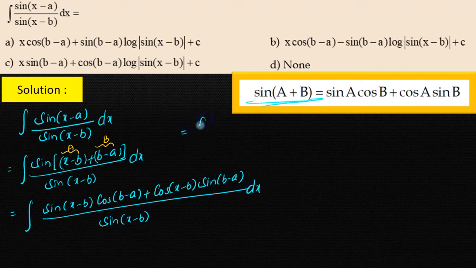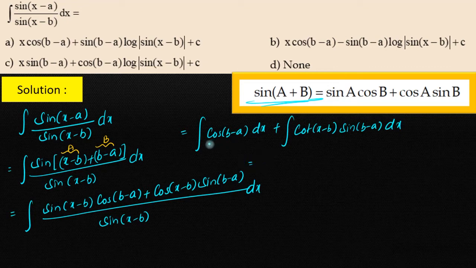This equals the integral of, here sin(x − b) gets cancelled, cos(b − a) dx, plus the integral of, here cos(x − b) by sin(x − b) is cot(x − b), into sin(b − a) dx.